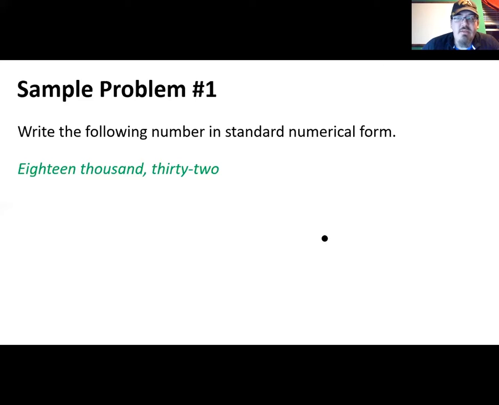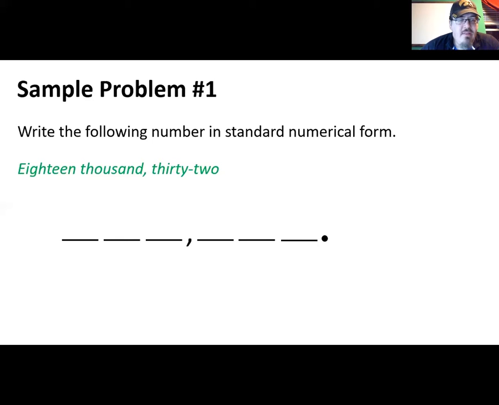Since we need thousands, we're going to go out about 6 spaces or so. We might not need them all, but I want to give us enough room to write down our digits. So we've got our spaces. The first group of 3 right next to the decimal point is the units grouping, and the next one is the thousands grouping.